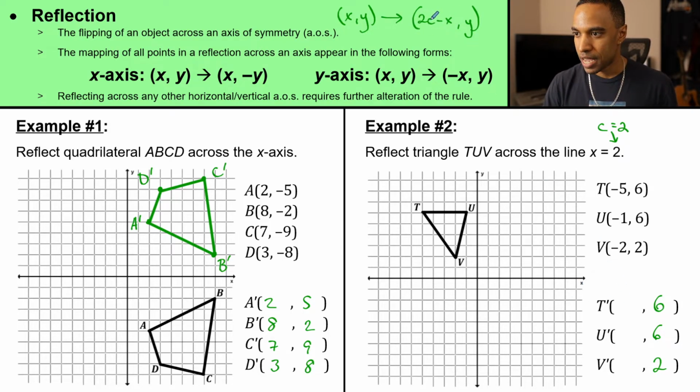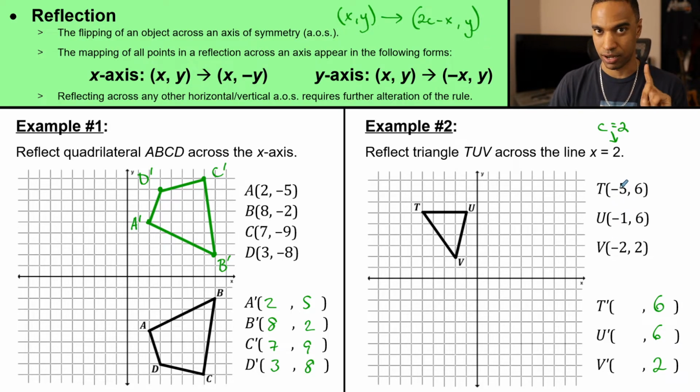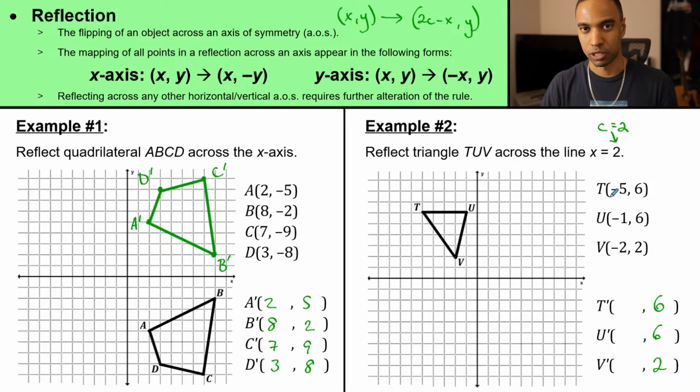So we're going to use this formula here. We're going to do 2 times 2 and then minus whatever x value we have. Now notice these x values are negative. That means you've got to subtract a negative, which becomes addition. So I'm going to save time writing. I'm just going to put a plus automatically. If you ask, hey, why do you put a plus? Because I'm subtracting a negative. So 2c minus x for each point.